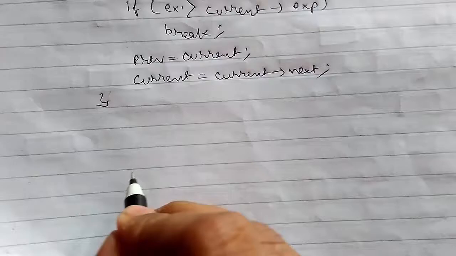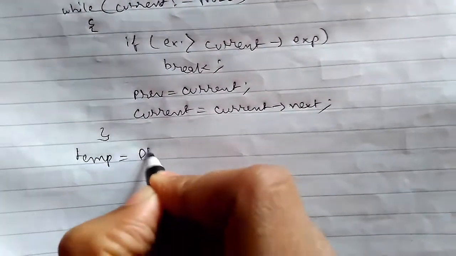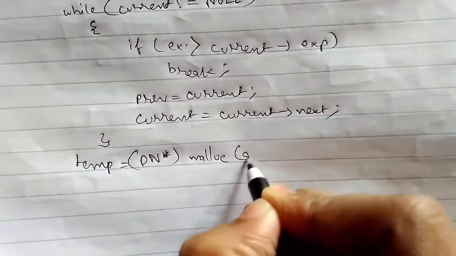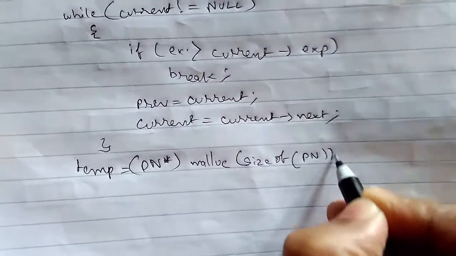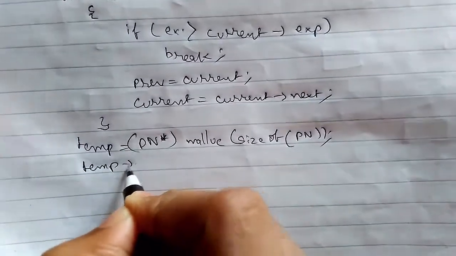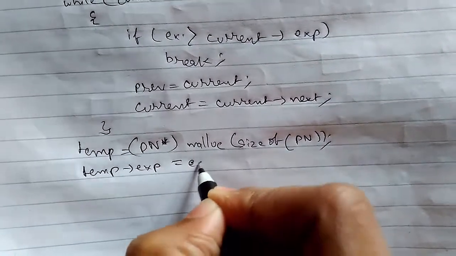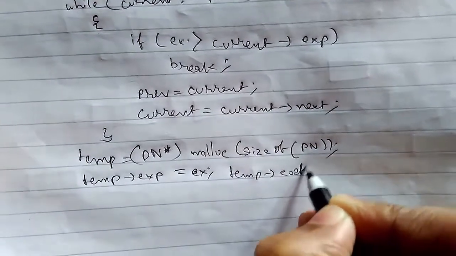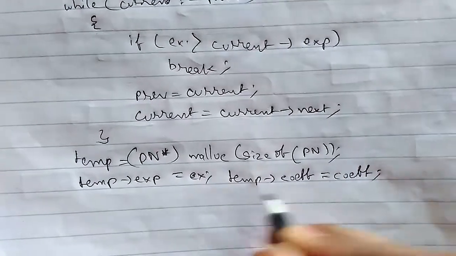Now we'll just insert. Again, we'll insert a node before a particular element. That is pretty simple. We are asking for the size from the heap. Now temp arrow exponent, we need to insert both of them. This is the value of x, and temp arrow coefficient equals the coefficient which we are asking from the user.